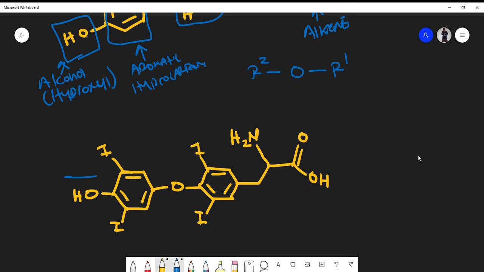Again, we see an OH group by itself, and that's what we classify again as an alcohol or hydroxyl. Again, we see a six-membered ring, three double bonds, and this is what we call our aromatic hydrocarbon.